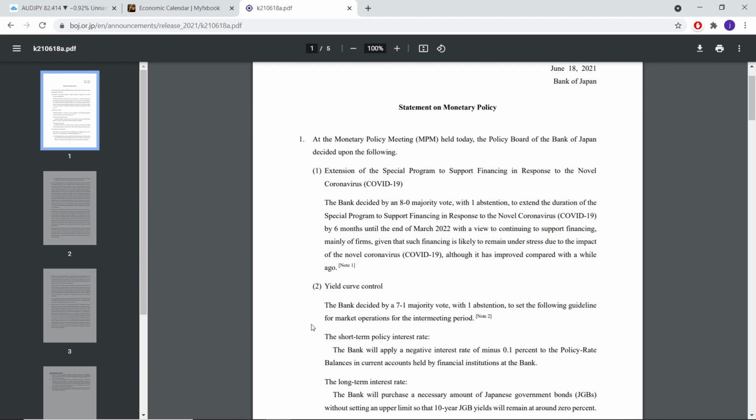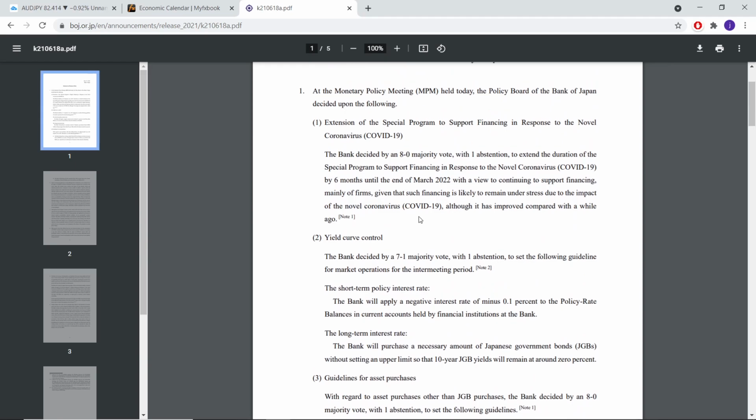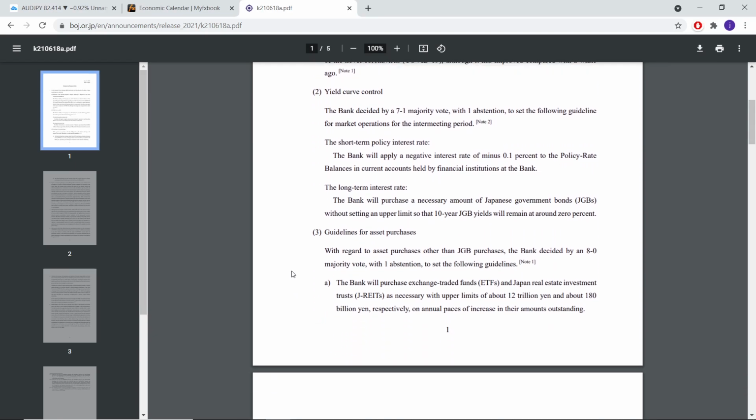All right, so this would be considered sort of a bullish statement, right? Because they came to the conclusion that, okay, given the current situation, they would still support the economy and the overall growth for the economy, even though Japan itself has been doing a lot better from the starting of the coronavirus to now.